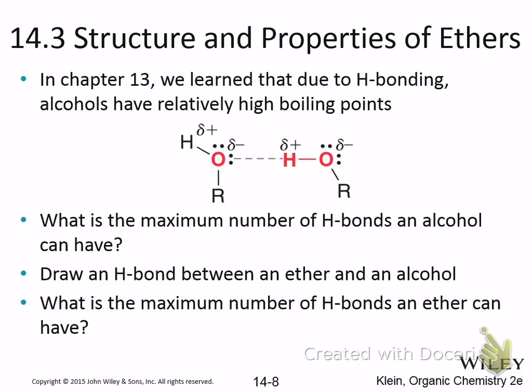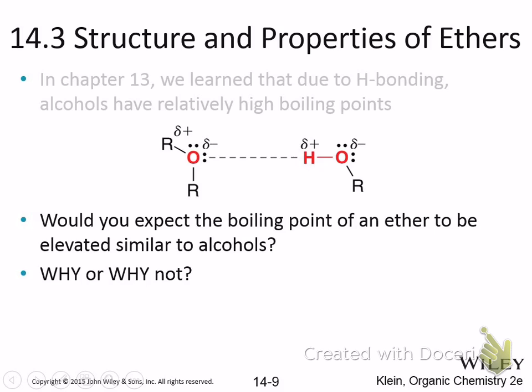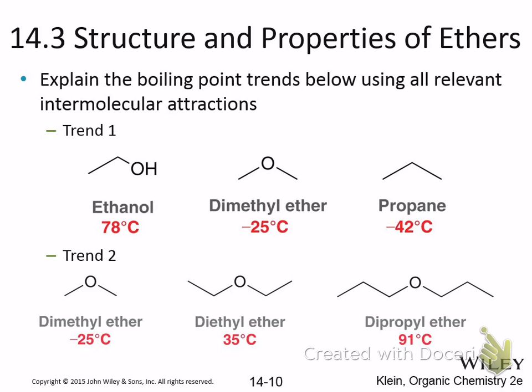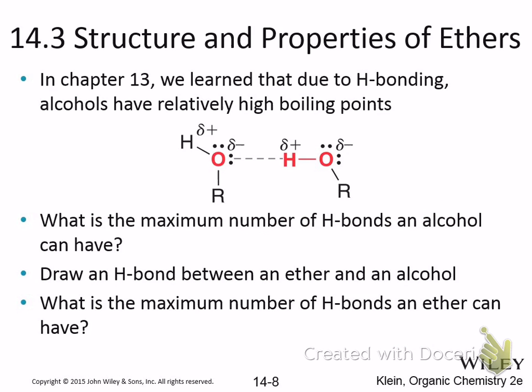All right, some of the properties of ethers are governed by the fact that in ethers, I have 2 R groups. In alcohols, I have hydrogen bonding that takes place. In water, I have hydrogen bonding that takes place.